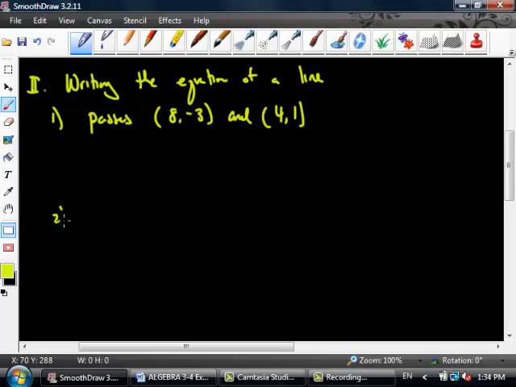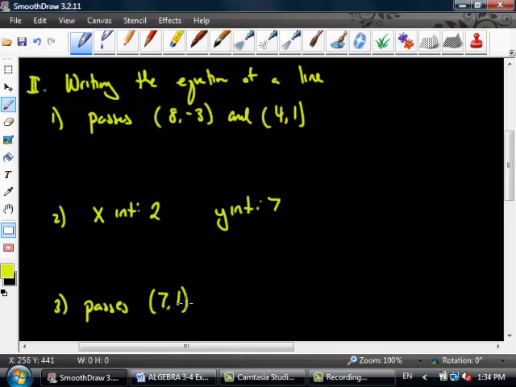The second problem has an x-intercept of 2 and a y-intercept of 7. And then the third passes through 7, 1, and it's parallel to y equals 5 thirds x minus 2.